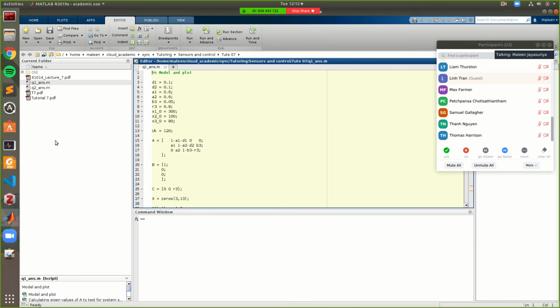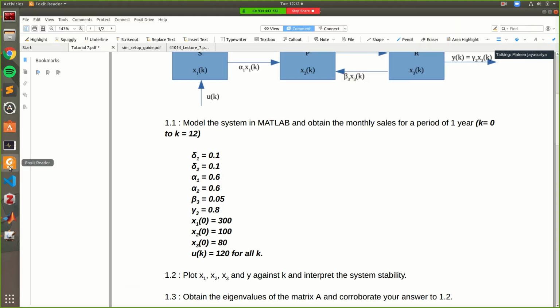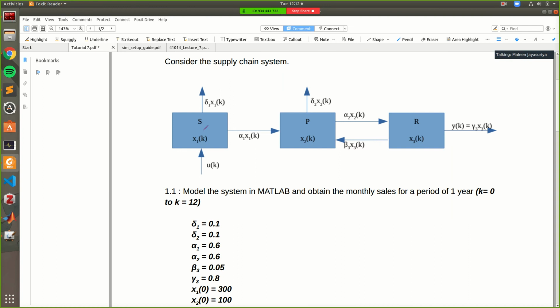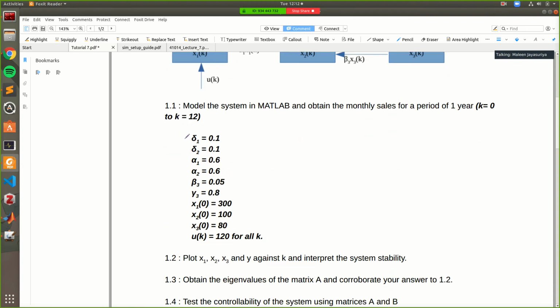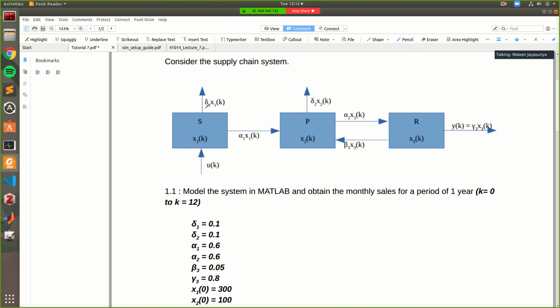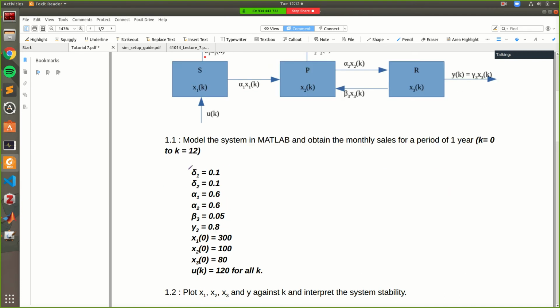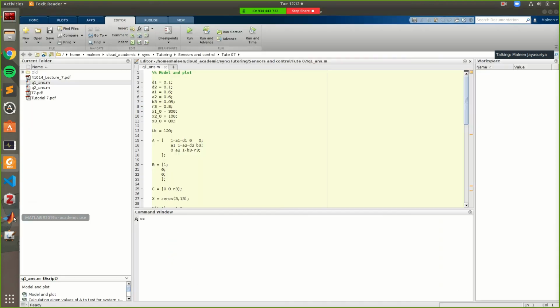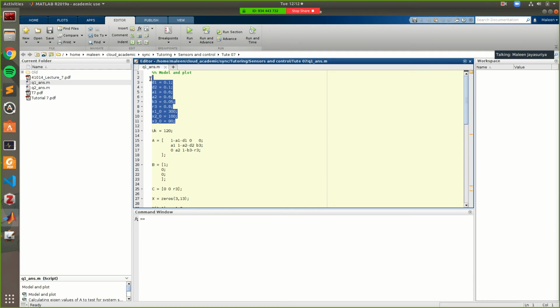All right, so let's discuss the answer. Right, so we have this supply chain, and we have some parameters that describe what each of these values are, right? So the first thing you obviously do is write these parameters down, right? So I've written them down here in the answer.